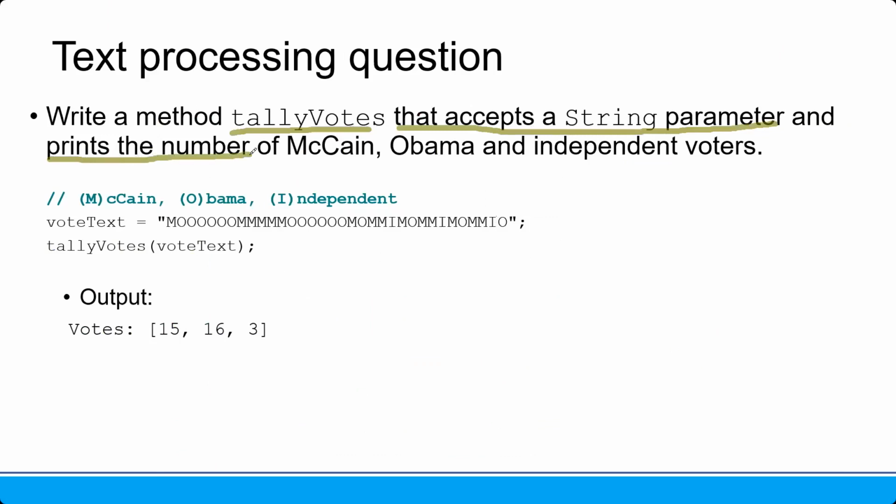At the time, maybe this book's author wanted to calculate the votes between McCain and Obama, so it is for the election. If it is M, it is a vote for McCain. If it is O, it is a vote for Obama. If it is I, it is independent. It means the person did not choose anyone.